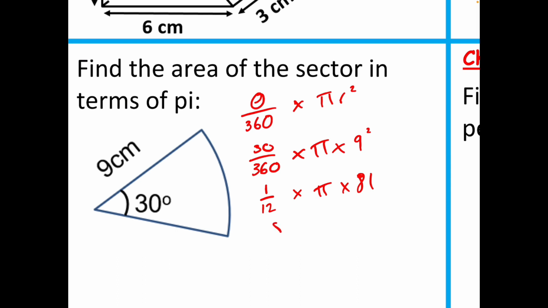So I've got 81 over 12 multiplied by pi. Now this is in terms of pi. The only thing I would want to do is simplify that fraction. We can take out a common factor of 3 from the numerator and the denominator, which is going to give me 27 over 4 pi. You could give that as a mixed number, you could give it as a decimal, but it's perfectly fine as it is, and that there is your answer.